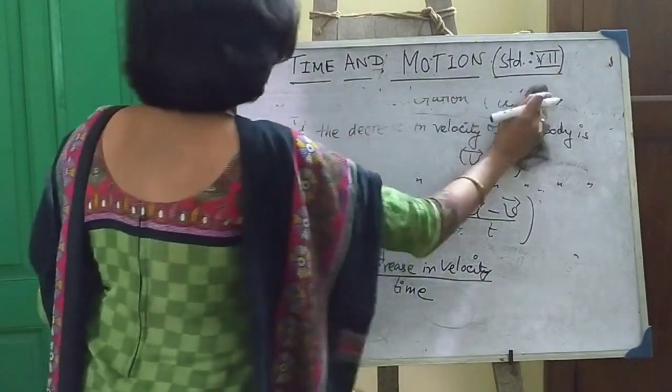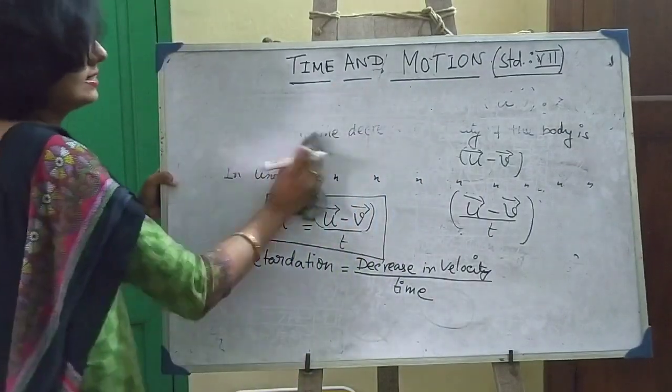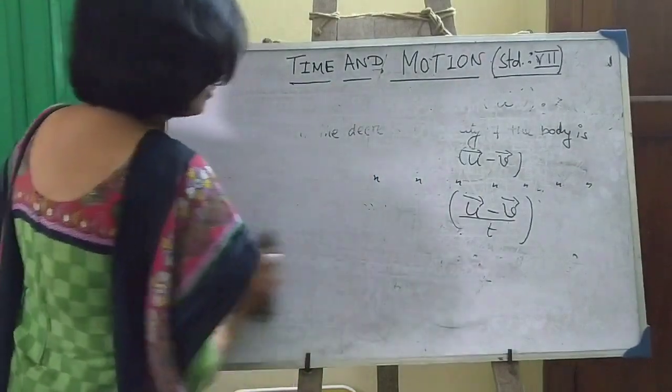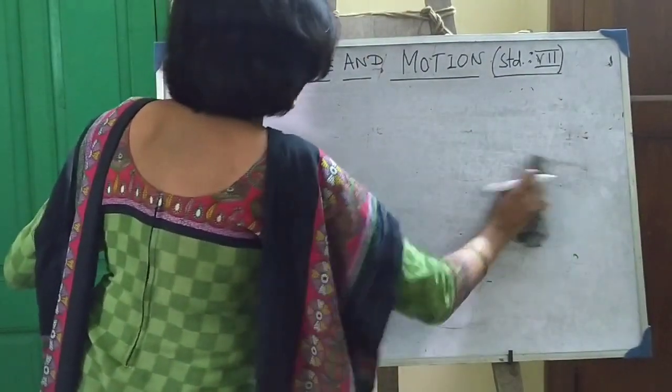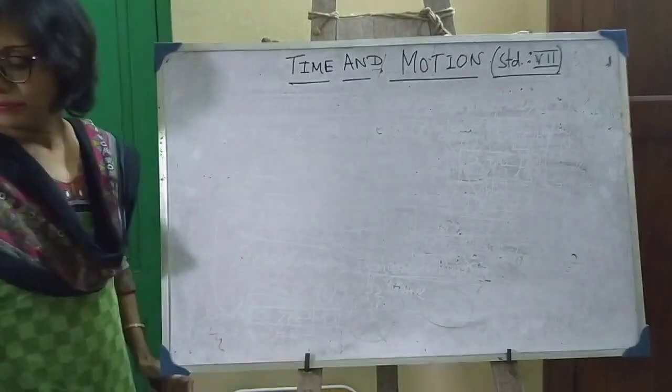So our next topic is the relation between acceleration and deceleration of a body, which means the relation between acceleration, that is a, and a prime of a body.